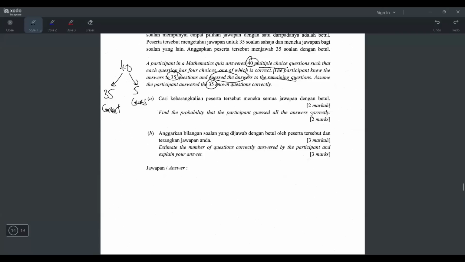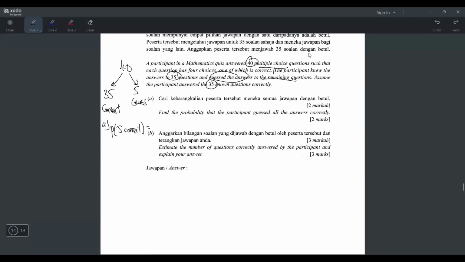Okay, now we can do A. Find probability that the participant guess all the answers correctly. Okay, the 35 confirmed correct already, so we don't have to look at that. We only calculate for five correct. So how to find the probability of guessing five correct? Okay, the probability of one correct is 1/4 because for every question got four choice, but only one is correct, right?